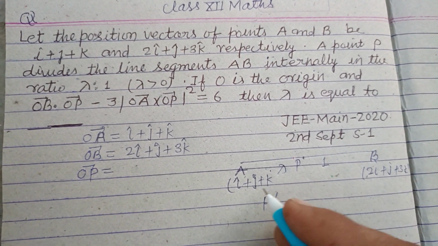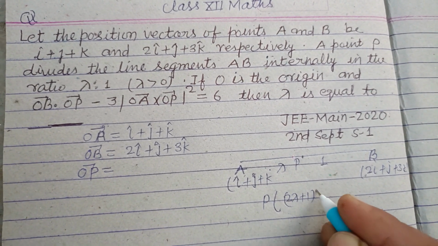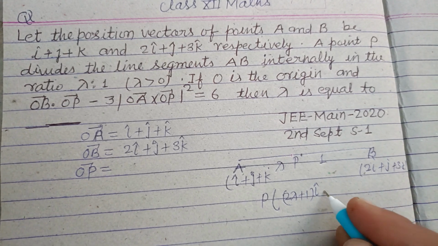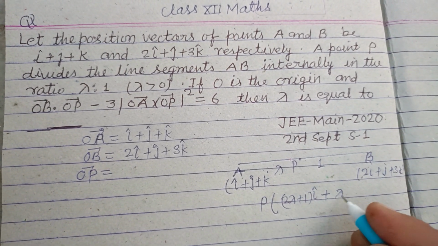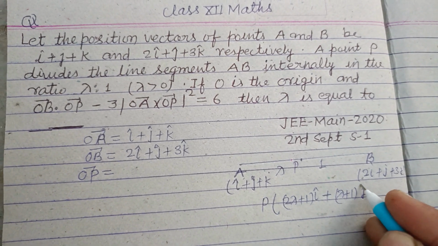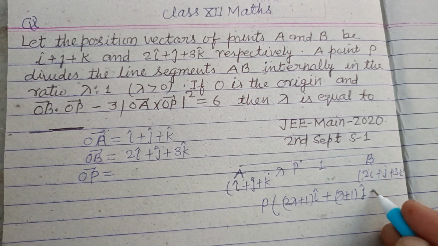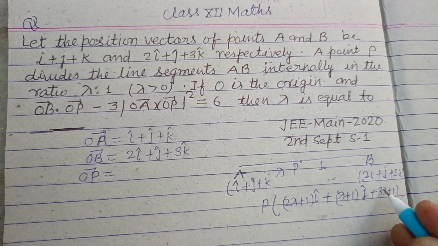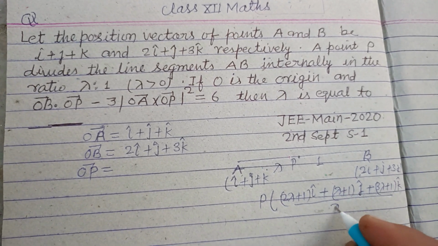(2 lambda plus 1) i cap plus (lambda plus 1) j cap and (3 lambda plus 1) k cap, upon lambda plus 1.